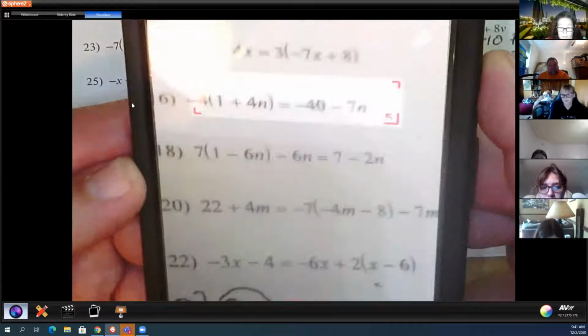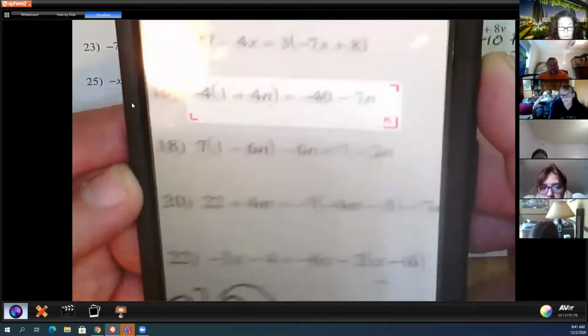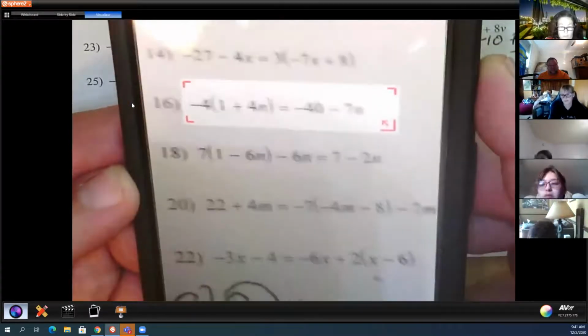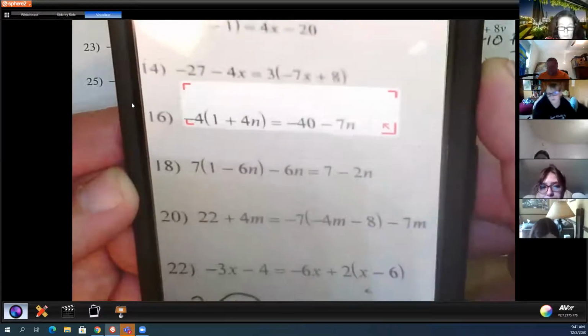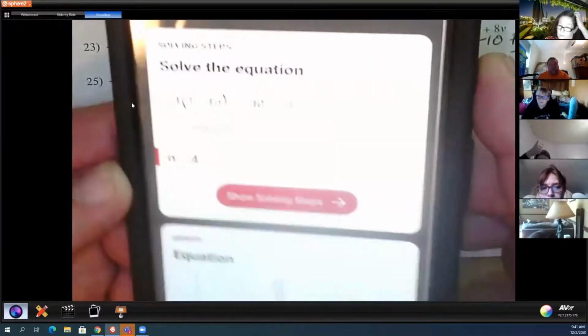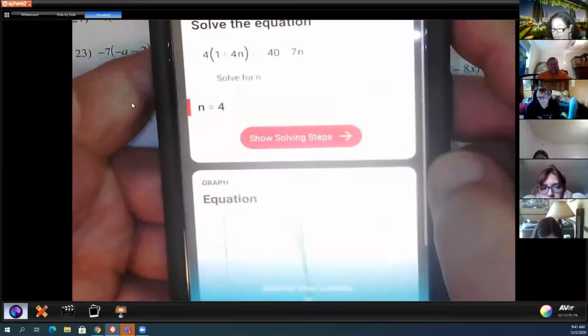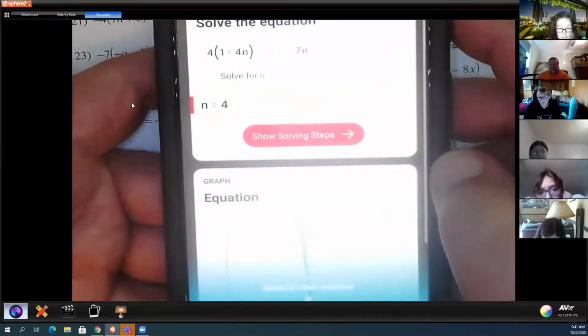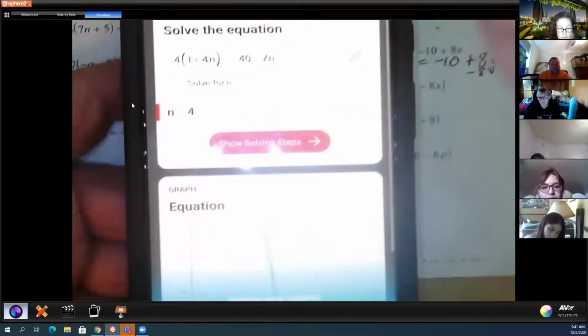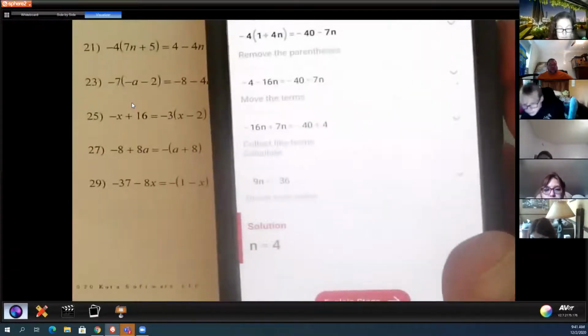So, you see how I'm highlighting number 16 here? So it's going to show me how it solves the equation. Now it says that n equals 4, which is great, but what do I need to know even more? I need to know how to solve it. So when you're confused about something, PhotoMath is a great opportunity.